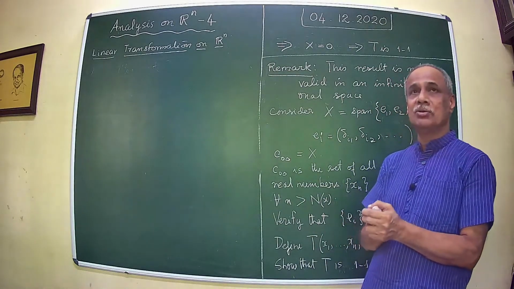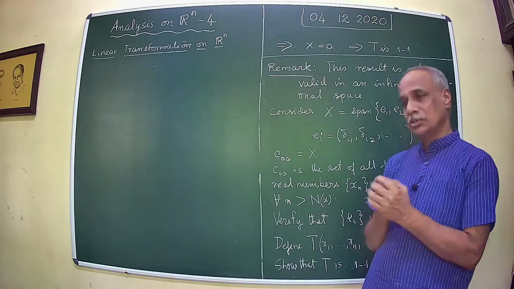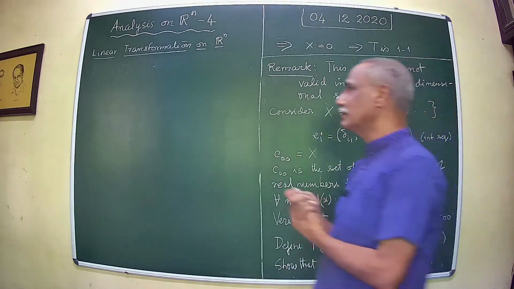So T being linear has to be specifically set. Okay.